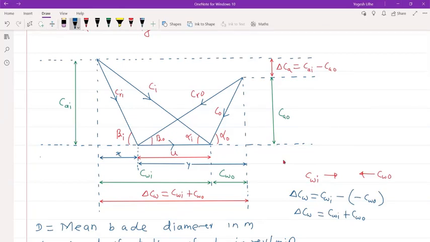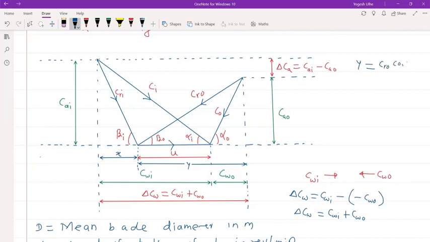If you look at this diagram, this Y is visible to everyone, Bodhi sir? Yes, sir. Y is equal to what? CRO cos of beta o.